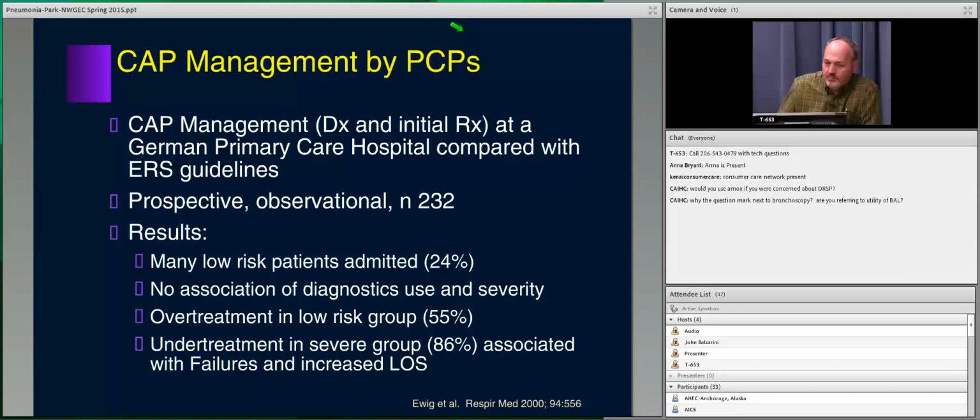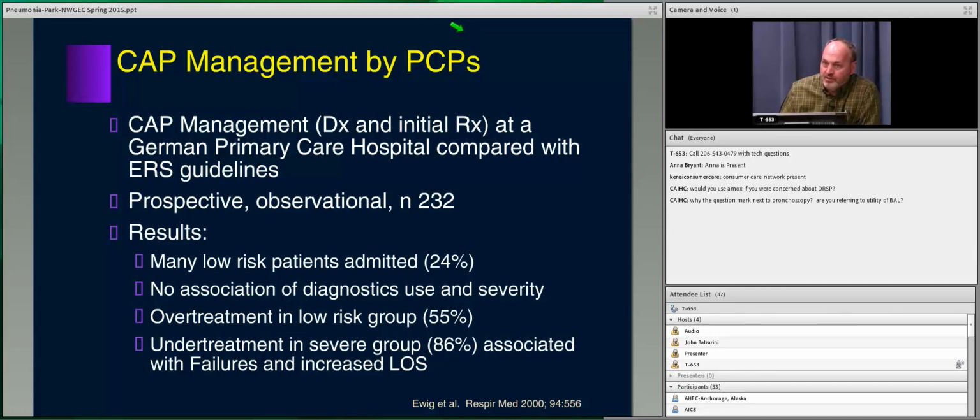This is a little bit better done prospective observational study of CAP management by primary care docs compared with the ERS guidelines. So what they found was many low-risk patients were being admitted. There was no association of diagnostic use and severity, and a lot of over-treatment in low-risk groups.